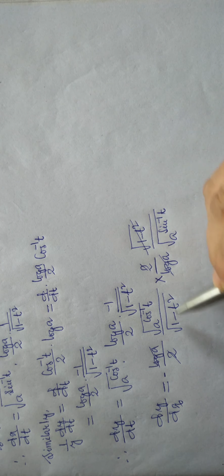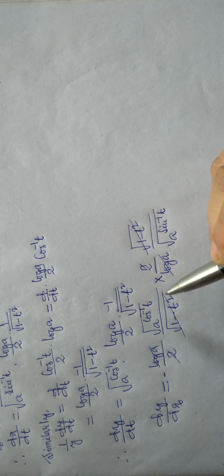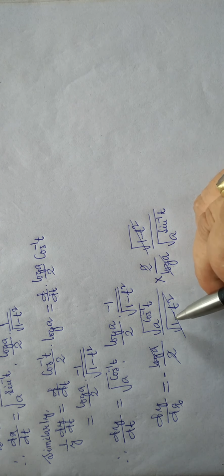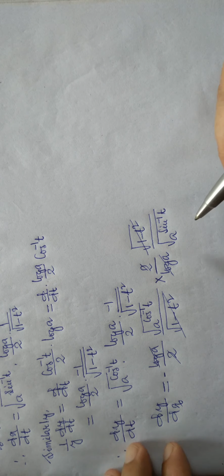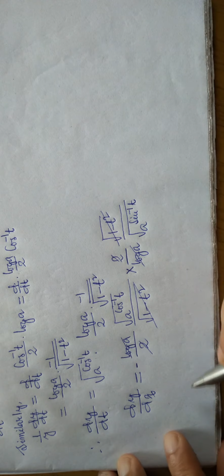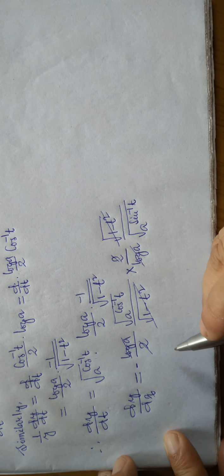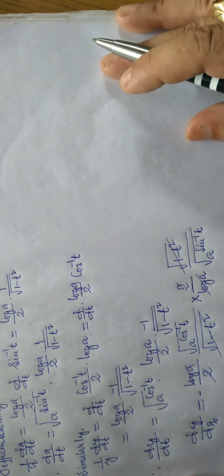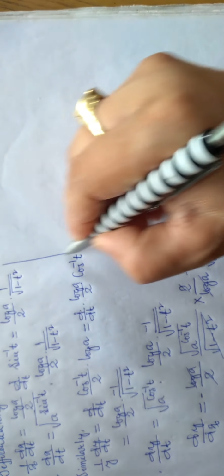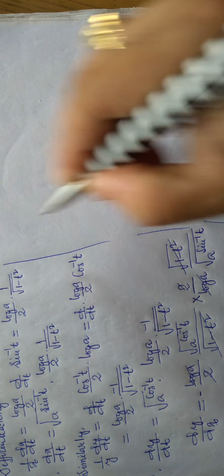Then what is remaining in the numerator and what is remaining in the denominator? I'm going to continue that over here, okay?